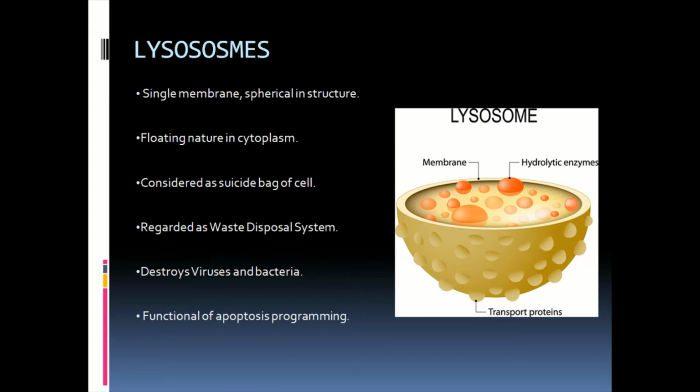The enzymes come from the rough endoplasmic reticulum and go to the Golgi apparatus, where they are modified. The Golgi apparatus does its final work and sends them to the lysosome. These hydrolytic enzymes are mainly acidic in nature.